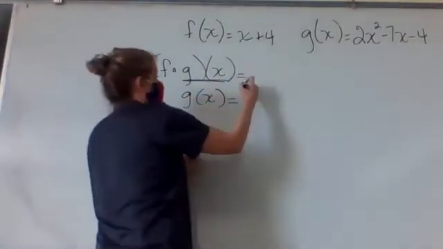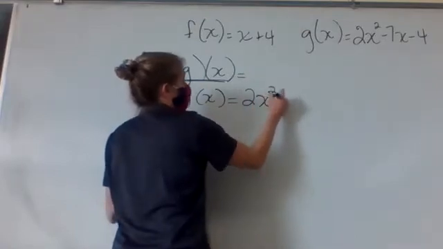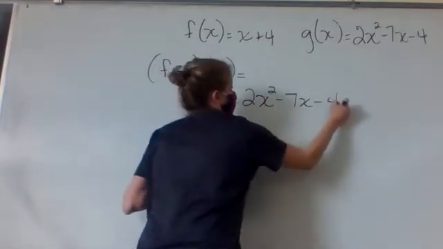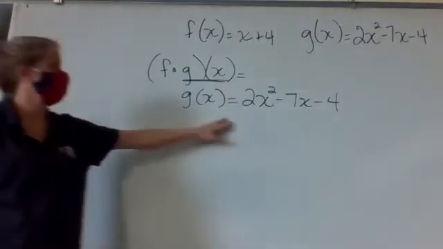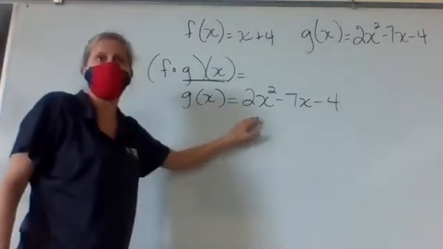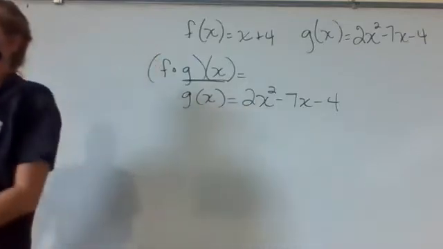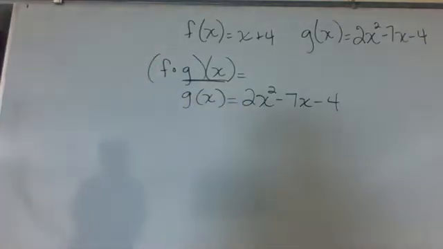So that's what g of x is. 2x squared minus 7x minus 4. That's as far as I can take that part, right? I can't put any of those terms together. So I'm done with the first half.